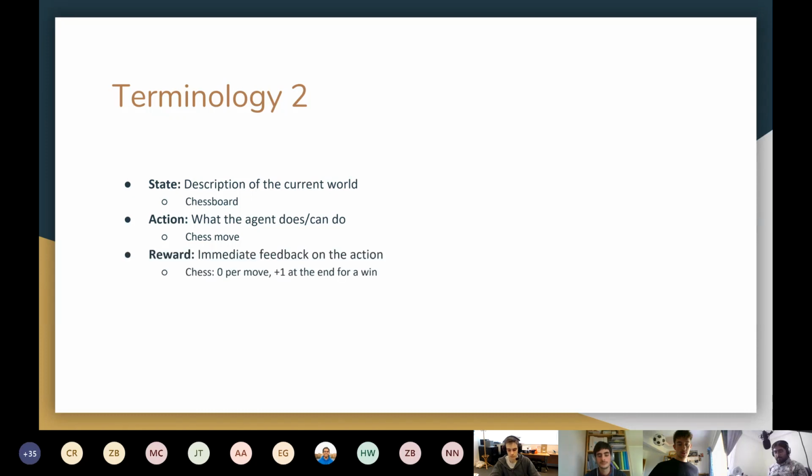There's a reward. Every time an agent takes an action, it gets given back a number saying how well did you do? This isn't super interesting in the case of chess, because in chess, you only really care if you win or lose. You get 0 for each move, and then you get +1 at the end if you win, -1 if you lose, maybe 0 if you draw.